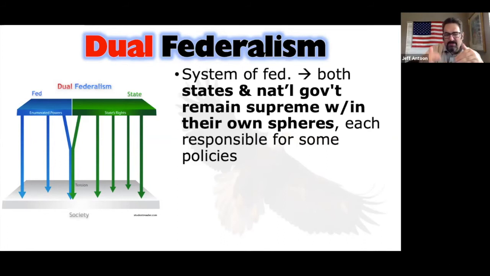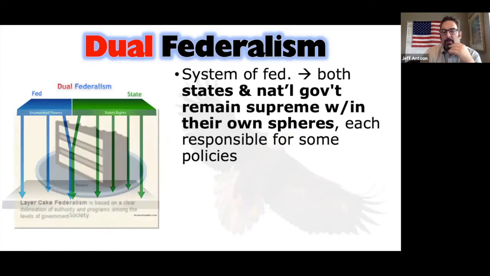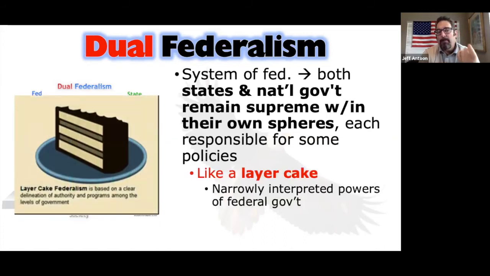This is their supremacy, and the tension would only be where they share stuff. This is kind of how we were at the beginning of our country, and they call this type of federalism layer cake federalism, where each layer is clearly defined in who does what: federal, state, and even local to some degree.